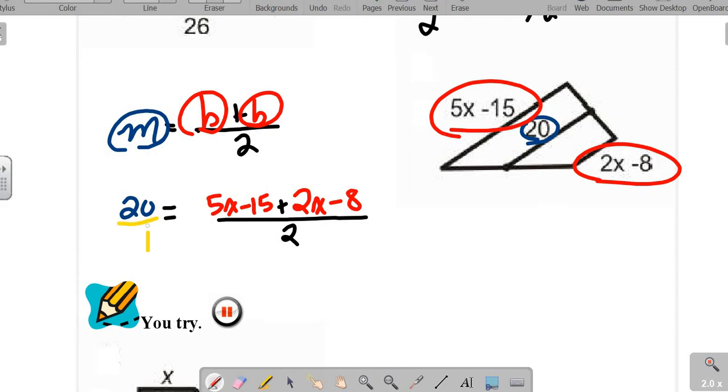Whole number, fraction, put it over 1, cross multiply. So we have 40, and then I'm going to collect like terms.